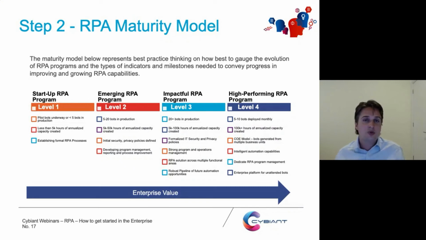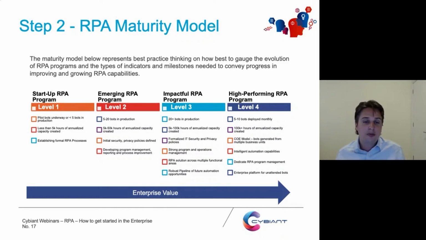Most organizations, when they have their first couple of pilots running, will start to move towards level 2, which represents the emerging RPA program. Within this phase, there are a lot of other aspects that come into play. Think about setting up your security or information privacy procedures. And how do you deal with robots that are being used over different individual departments?